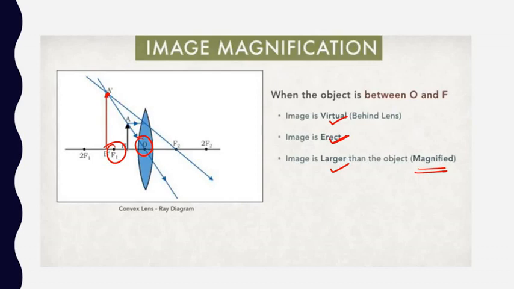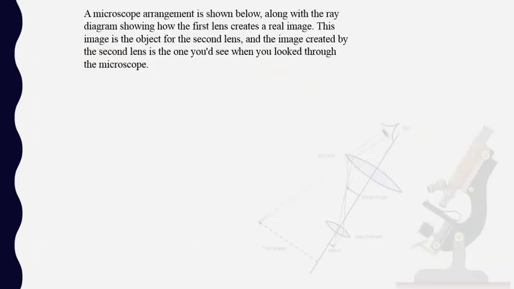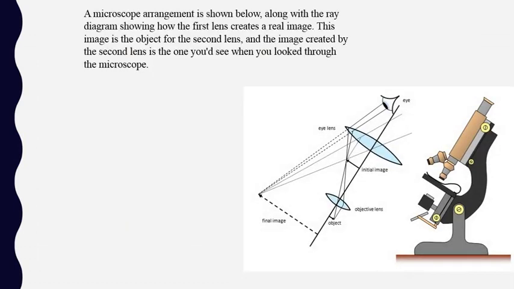So let me show you this whole scenario with the ray diagram. Now compare this whole thing. Here is your object. Your objective lens will make an initial image right here. This initial image will work as an object for the eye lens. Later on, your eye lens will make the final image behind your object right here, which will be magnified.